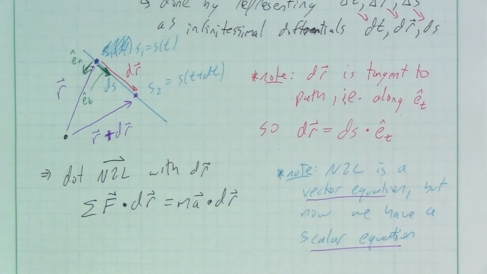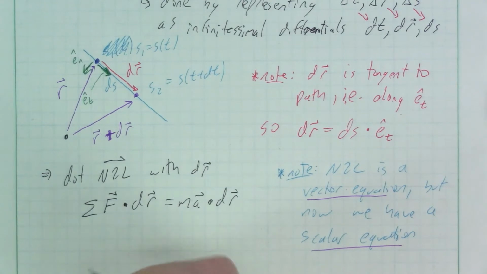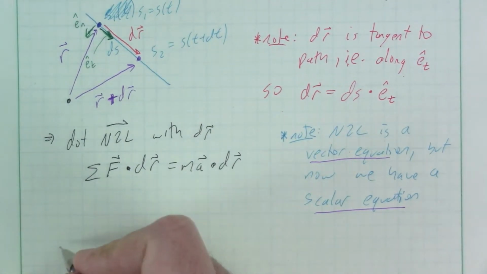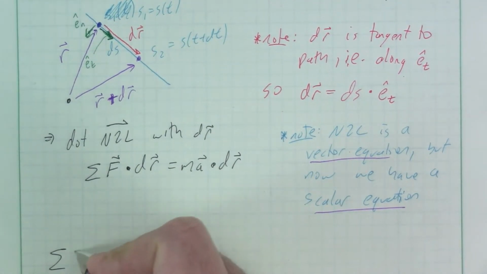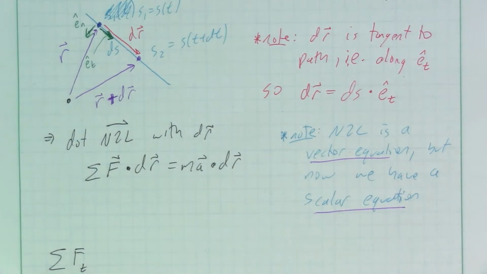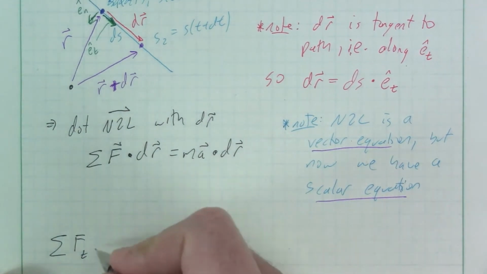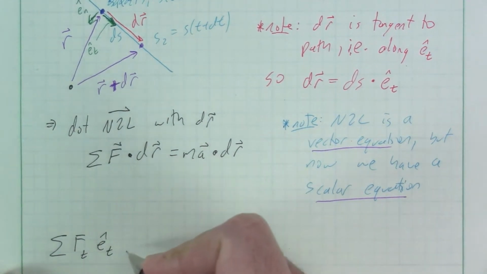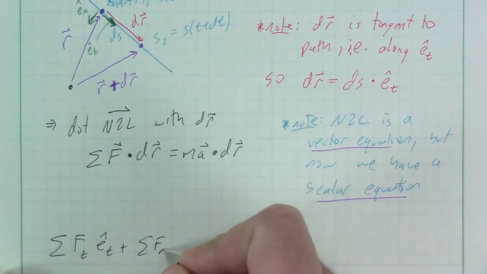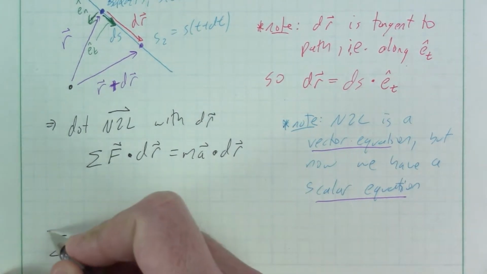Okay, so let's do the dot product. What we have is the sum of forces in the tangential component, e_t, plus the sum of forces in the normal direction, e_n.